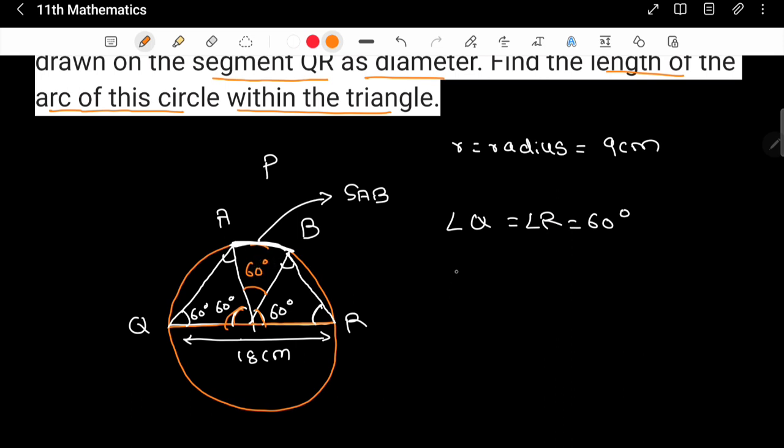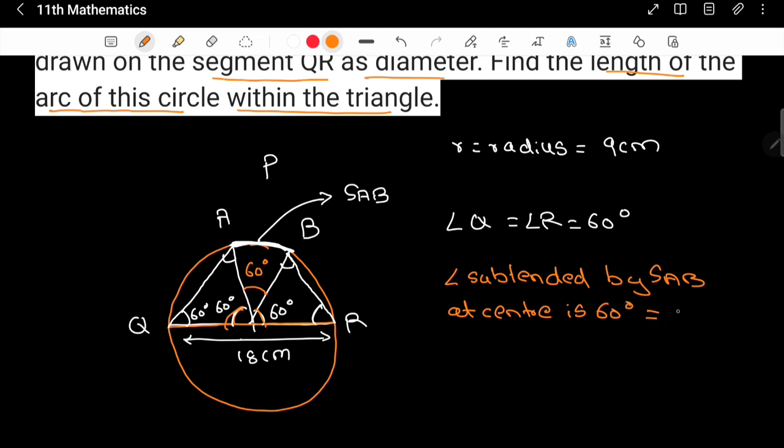So the angle subtended by arc AB at the center is 60 degree, which is pi by 3 radian. Therefore, using the formula S is equal to R theta, we can write 9 centimeter into pi by 3.